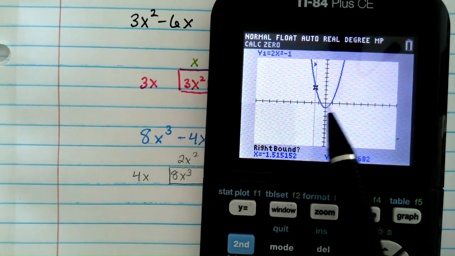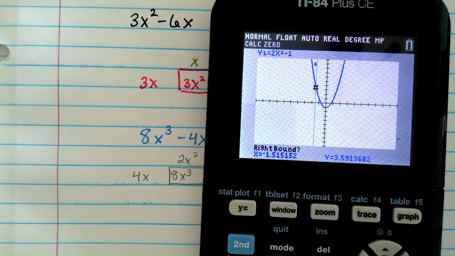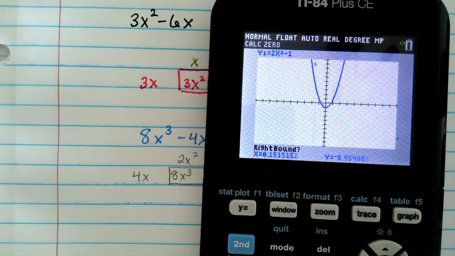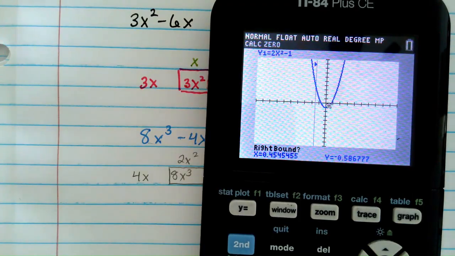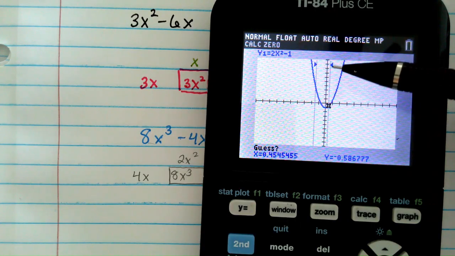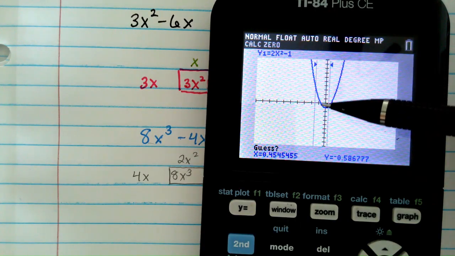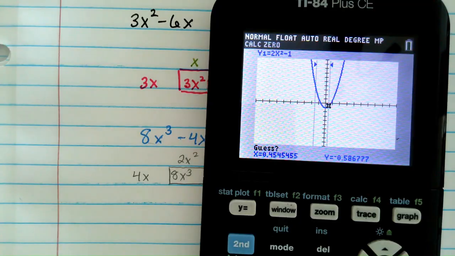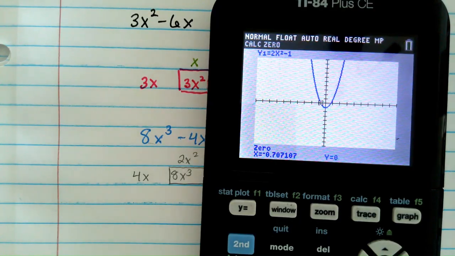Now it says right bound. I don't care how far to the right you get as long as you don't go past the other zero. So I could get to right here, or right here, or here. I don't care. You'll notice that there's two light blue lines with arrows pointing in. It crosses the x-axis between those two lines. It does say guess now. I just hit enter when it says guess.